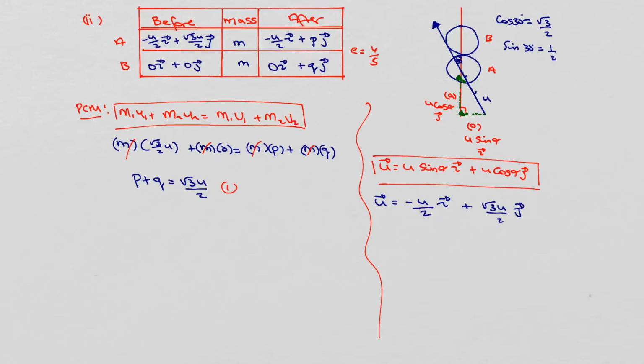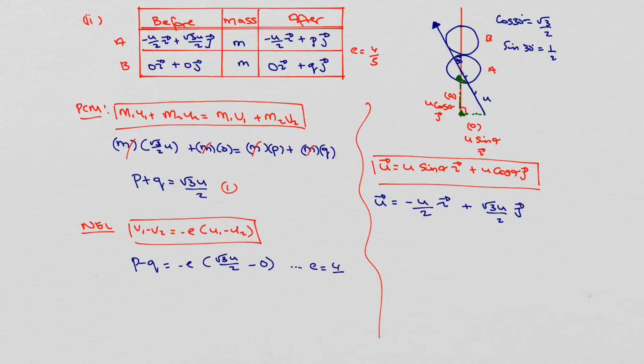Second thing we want then is our Newton's experimental law of restitution. So again, we go to page 51 in our tables for that. And we have v1 minus v2 equals minus e times u1 minus u2. So that gives us p minus q is equal to minus e times root 3 over 2 u minus 0. But of course we know that e is equal to 4/5.